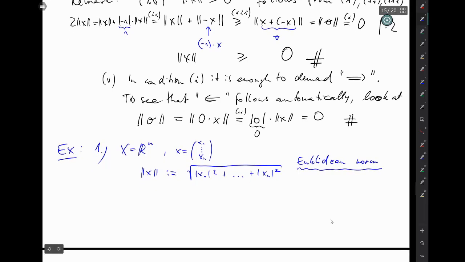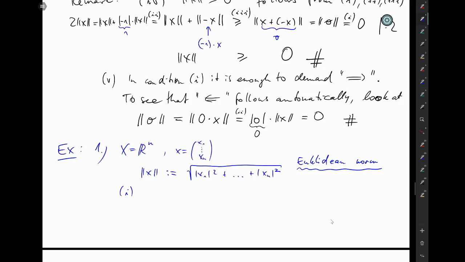Yep, let's do that. Okay, well, maybe one more word for motivation. We know this norm for dimension n equals 2 and 3, and there we can easily understand it by the Pythagoras theorem. Then you just extend it to other n's and make sure it still is a norm.